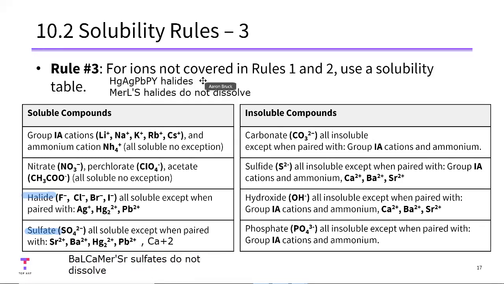One thing that you should notice, though, there is a little bit of common thread here. The mercury 1 ion and the lead 2 ion are on both lists. And they're both on both lists because they just tend to form compounds that don't dissolve well.